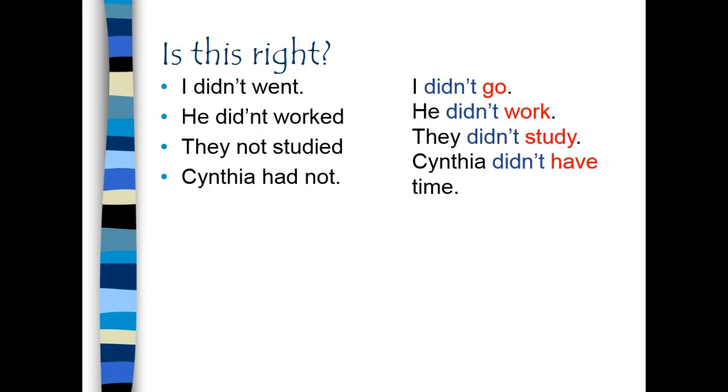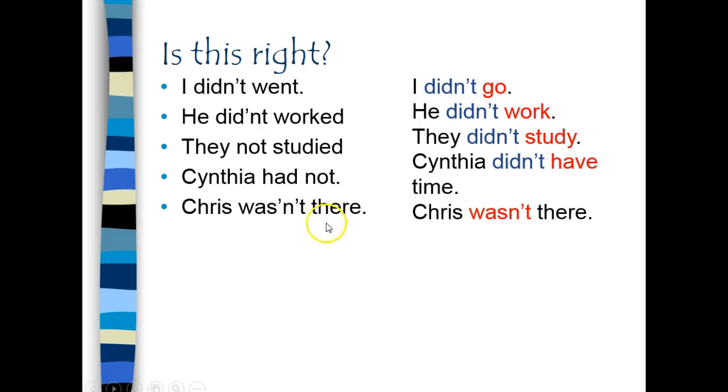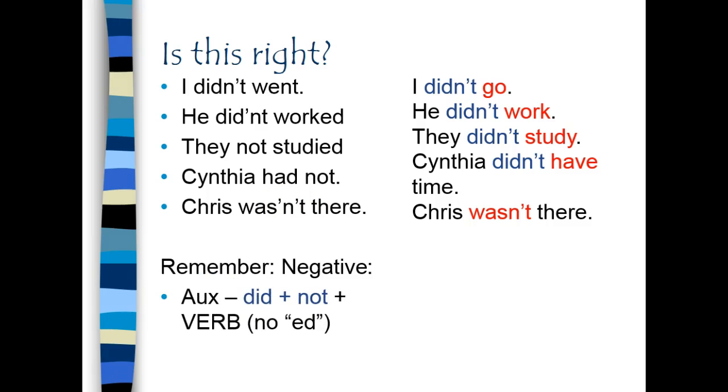Cynthia didn't have time, for example. Chris wasn't there. In this one, it's the verb to be, but the apostrophe is in the wrong place. So remember that to make a negative, your auxiliary is did plus not, and your verb has no ed. The exception, of course, is the verb to be.